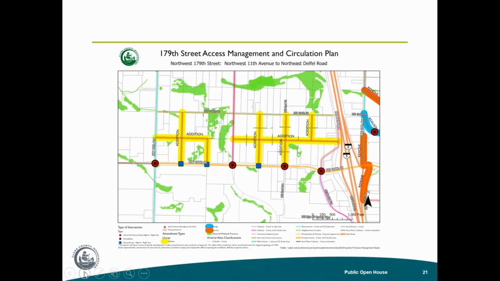So, for example, if a driver is going westbound on 179th Street, they would take a right into the neighborhood circulator road, and they would take a right out of the circulator road using the roundabout to make a left turn and double back to the interchange. Next slide.